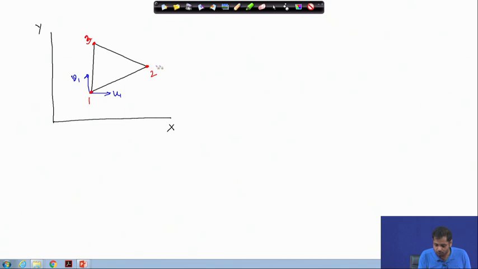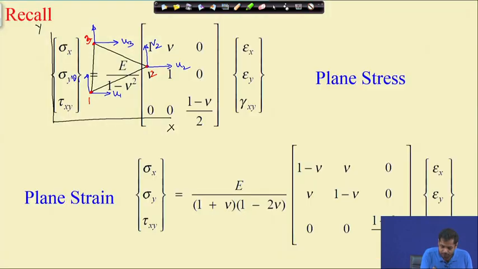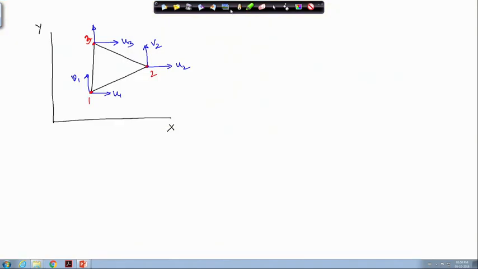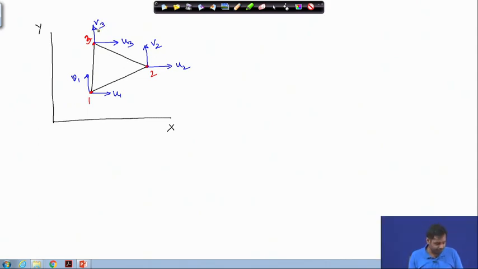Similarly, at node number 2 we have u2, and then along y direction we have v2, and similarly here we have u3 and we have v3. So, total 6 degrees of freedom we have.